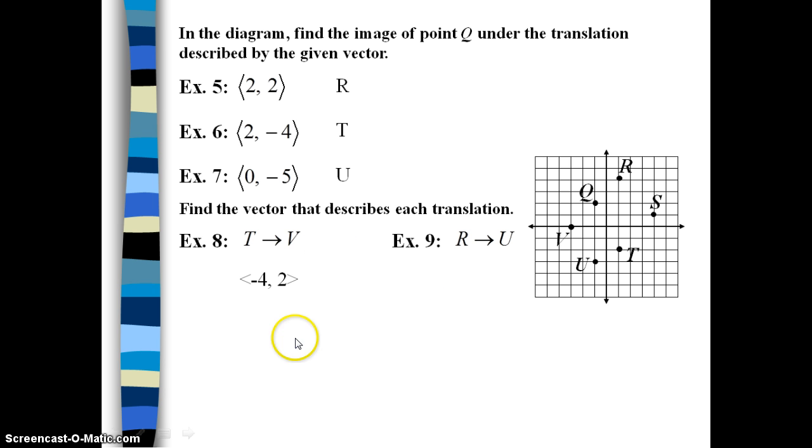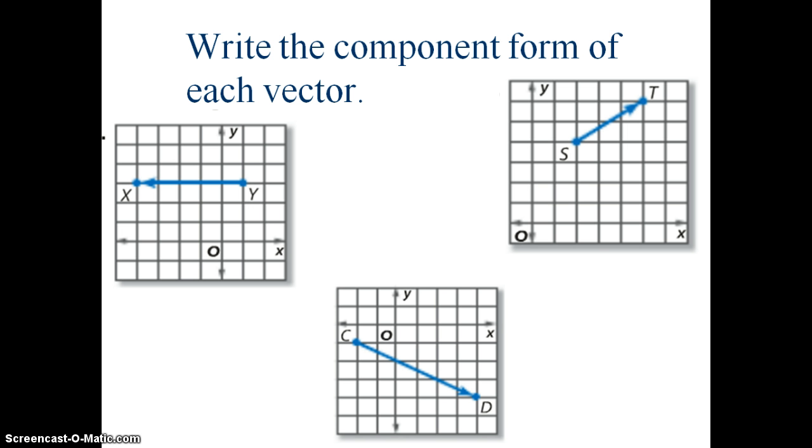Number 9, R to U. I have to move to the left, 1, 2, then down, 1, 2, 3, 4, 5, 6, 7. So this will be the vector <-2, -7>. Make sure you always are listing the X value first. That's the most common mistake I see, is that people will try to list the Y value first, going up or down. You have to go left or right first.